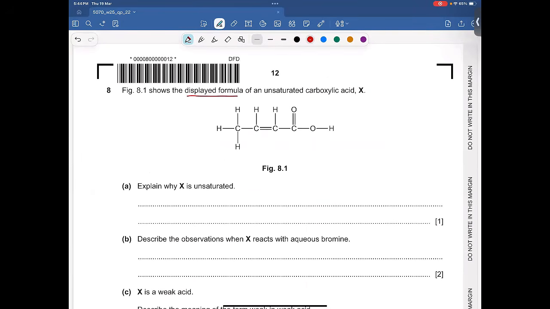The figure shows the displayed formula of an unsaturated carboxylic acid. Displayed formula means show all the atoms and all the bonds. And unsaturated means a double bond between the carbon atoms, along with the carboxylic group.